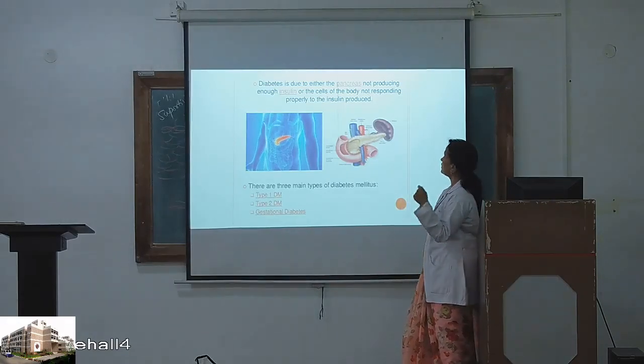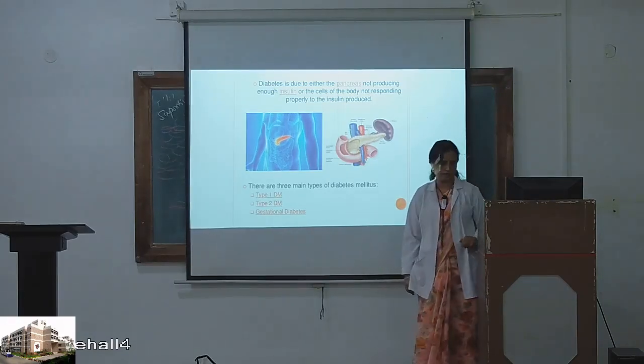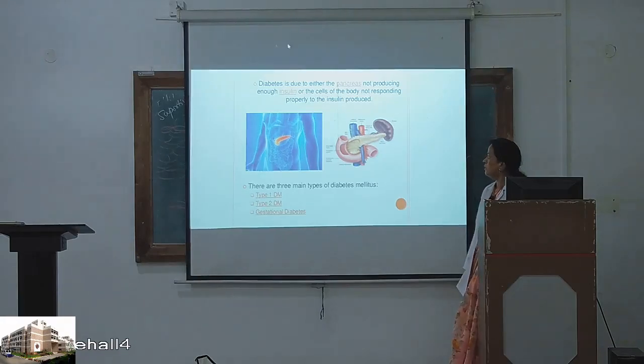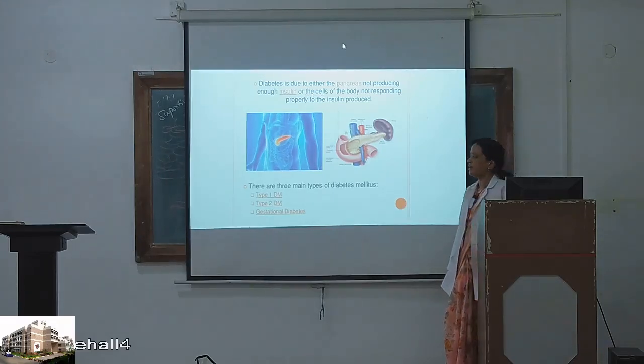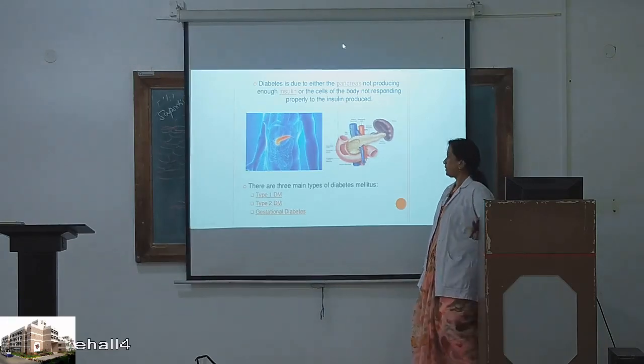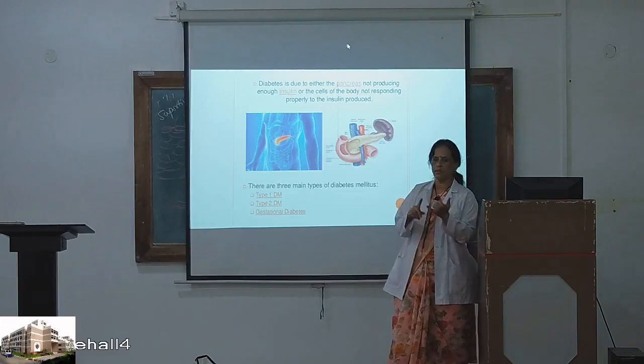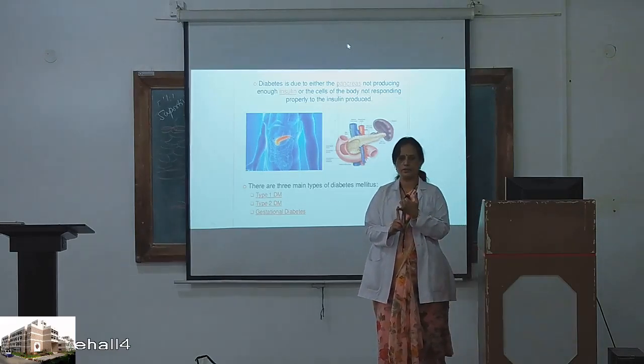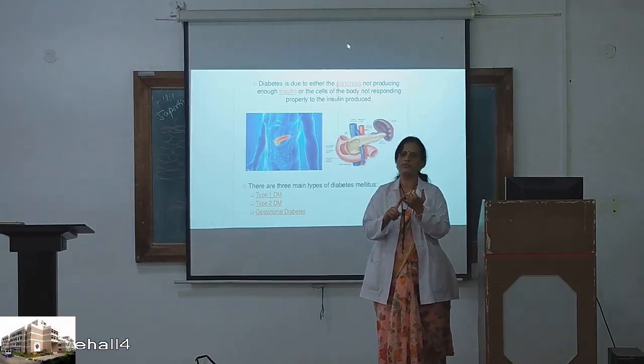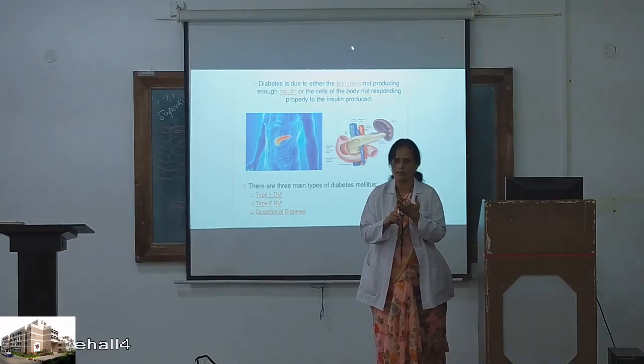Why? Because it is not producing enough insulin, or the cells of the body are not properly responding to the insulin produced. Two things. So the newer classification I was telling you has three main types, very easy to remember. Type 1 diabetes mellitus. If you classify it as type 1, then there has to be type 2, right?